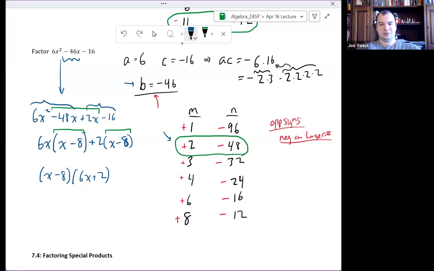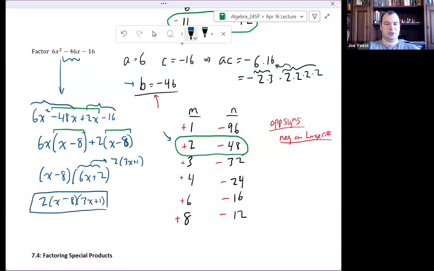In other words, 6x plus 2 can be rewritten as 2 times 3x plus 1. So there's actually another common factor that I can factor out. I could write my factorization as 2 times x minus 8 times 3x plus 1. And that, in a sense, would be even simpler.